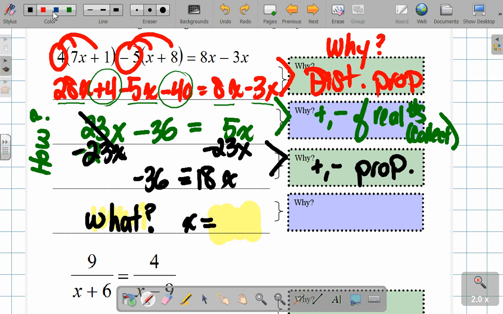Okay. Last but not least here, we're going to divide by negative 18 to get x by itself. What's the reason why? That's what we're doing, but let's be a little bit more specific here. What did we do to both sides? We divided both sides.